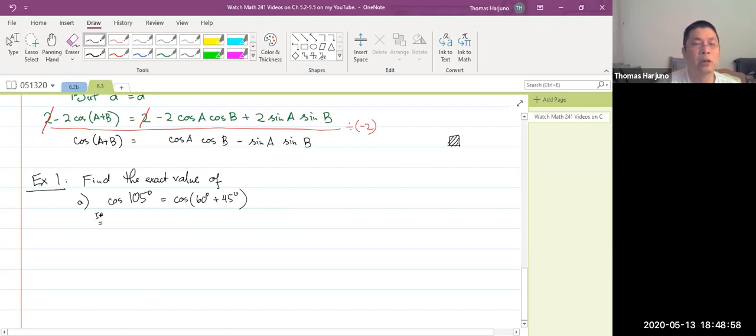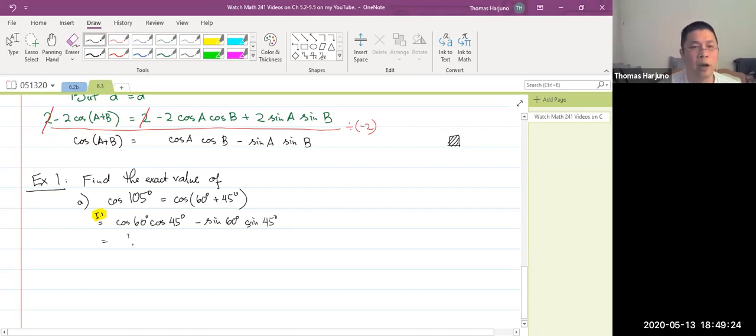I just want to show which formula I refer to. That equals cosine 60 degrees times cosine 45 degrees minus sine 60 degrees sine 45 degrees.